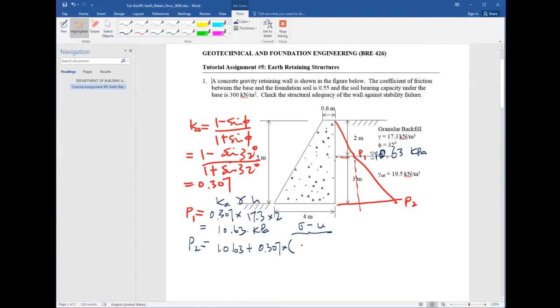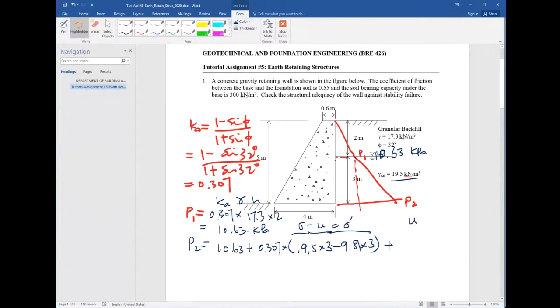So what's the total stress? 19.5 plus, times 3, minus 9.81 times 3. Okay, that is the effective stress, right?